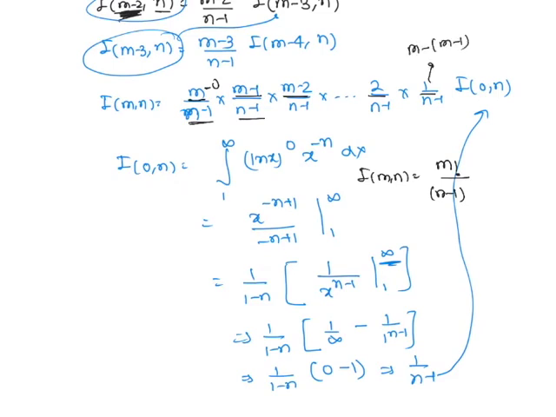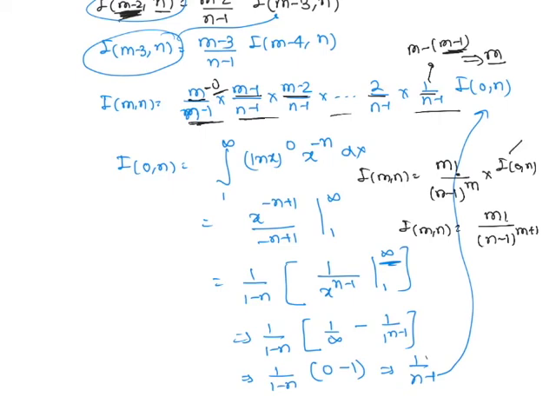So m cancels and this comes out as 1. From 0 to m minus 1, how many terms will be there? Total terms are m terms, so the power is m. So this will come as n minus 1 power m into I 0 comma n. So you have to put the 0 comma n value. So I m comma n is equal to m factorial divided by n minus 1 power m plus 1. So this value is nothing but 1 upon n minus 1.